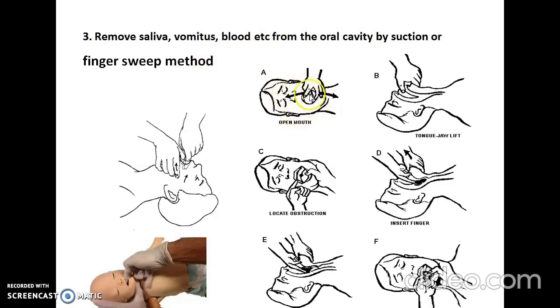Tilt the person to one side and open the mouth. Then go with the tongue-jaw lift technique and locate the obstruction. You can make your finger like a hook, as you can observe in both diagrams. First locate the obstruction, insert the finger, make it a hook and sweep out the object and remove it outside, so that the passage will be very clear.